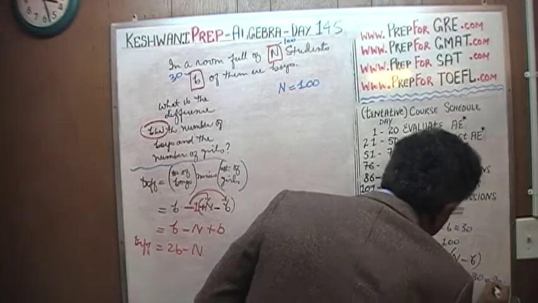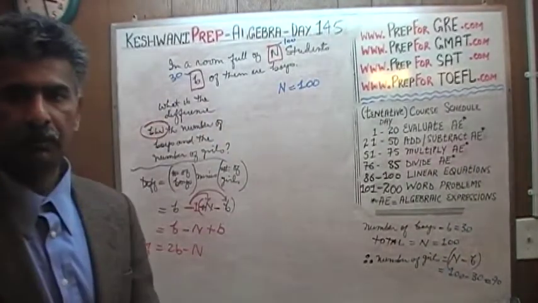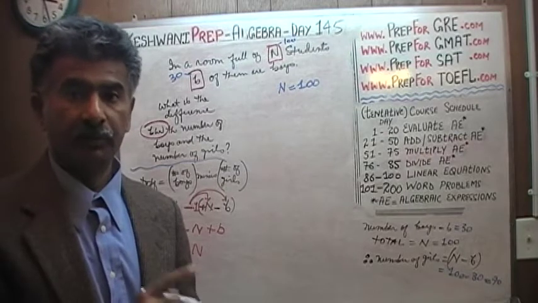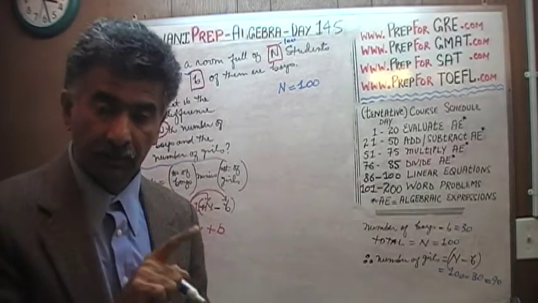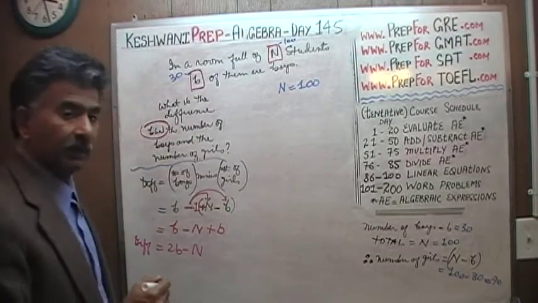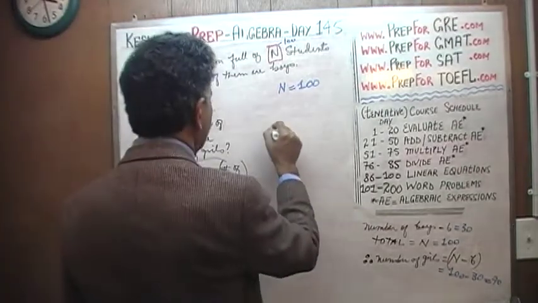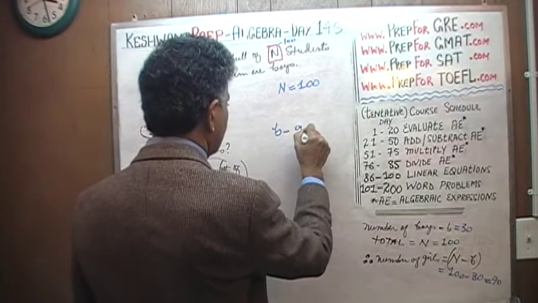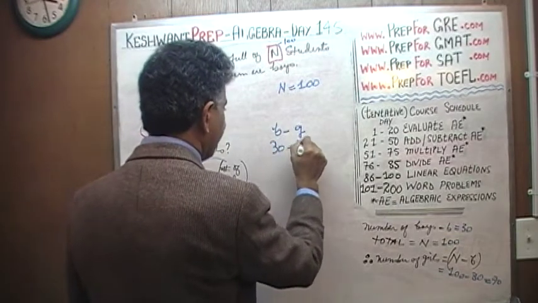There must be 70 girls. Therefore, the difference between the number of boys and the number of girls is going to be a negative number. It's going to be 30 minus 70.